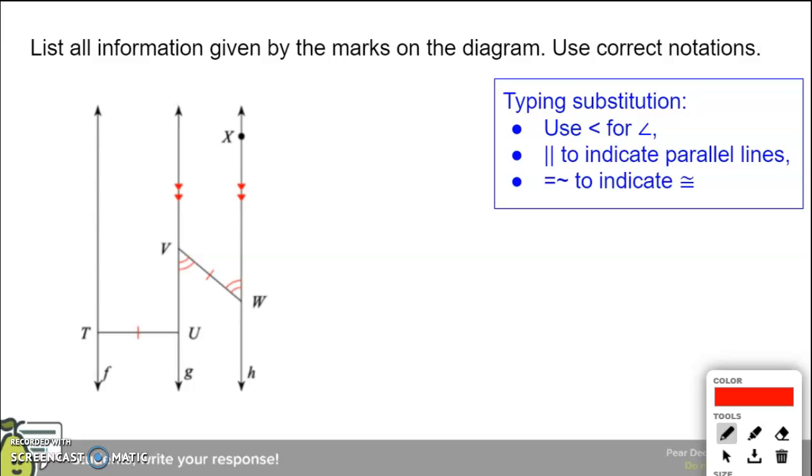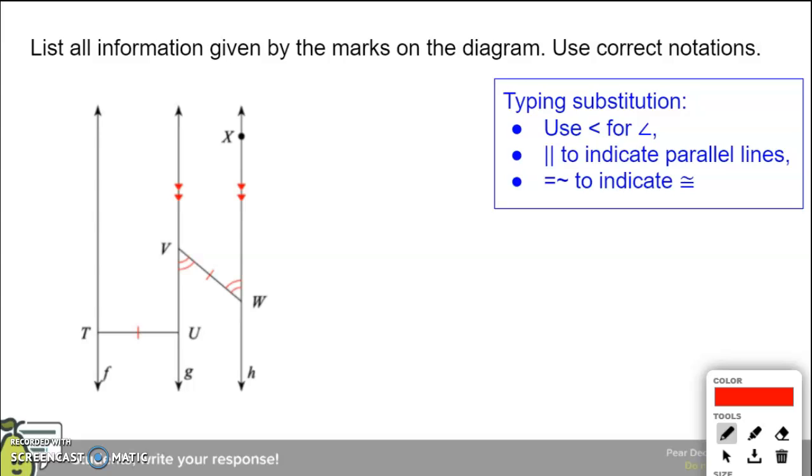You use the double bar that is on top of the backslash that's next to the curly parenthesis to indicate parallel lines, and to indicate the congruent symbol, which is the equal sign with a curly symbol, you would just use equals with a curly symbol following it.